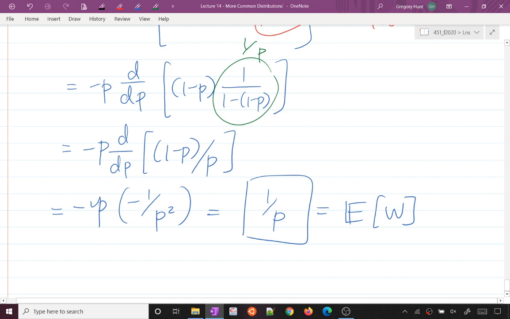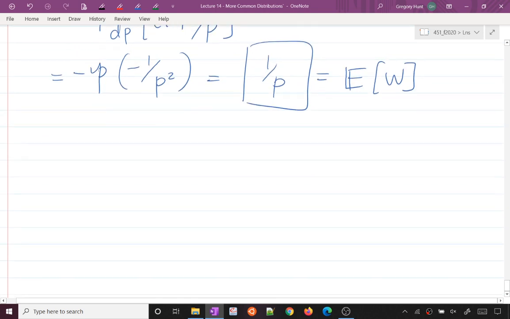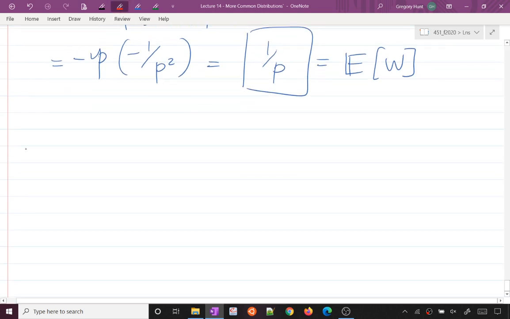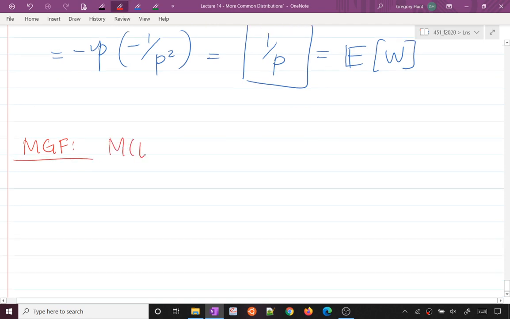All right, what else can we do? Of course, for the geometric random variable, we could look at the MGF. So let's look at the MGF. What is the moment generating function? It's a function of some real number t. M of t is the expected value of e to the tx.